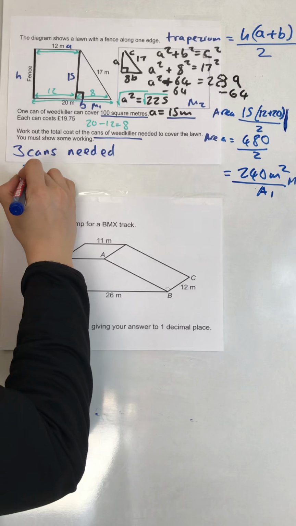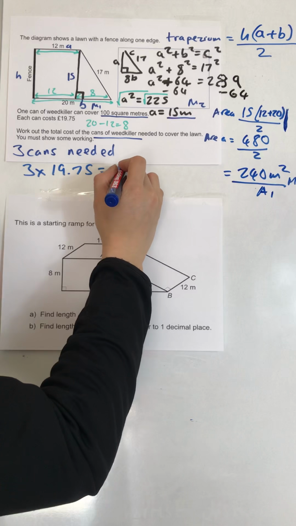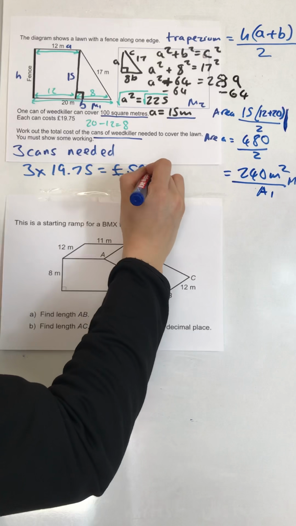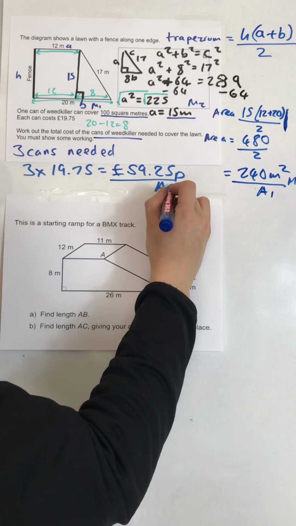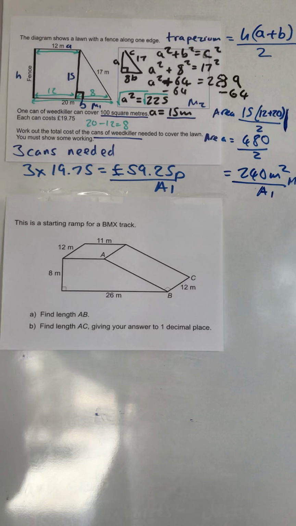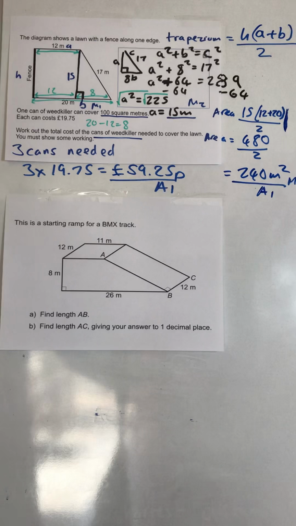So we just need to do 3 times £19.75, which will equal £59.25, and that will be your final answer mark. This will probably be a 4-mark question, and hopefully that explains that to you clearly, and you can see how this is useful for you because you're applying multiple skills at once.